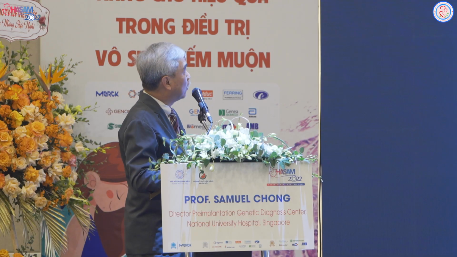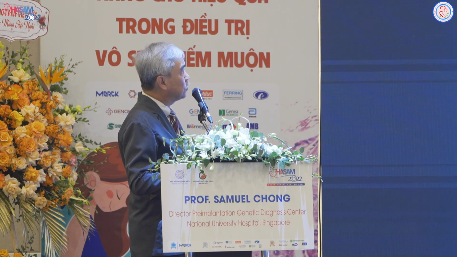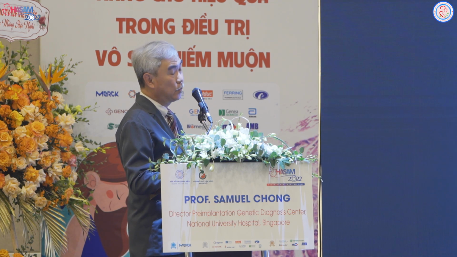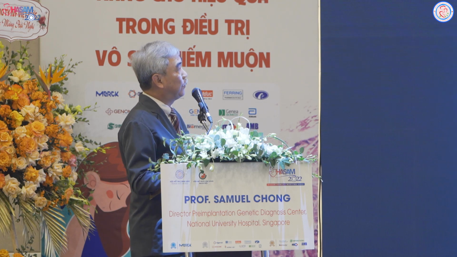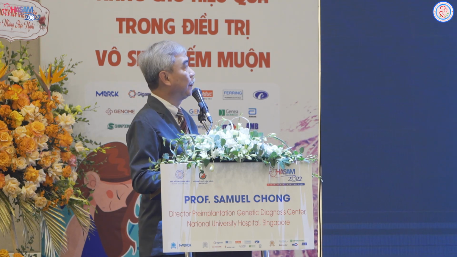Now, I just want to move on to show that actually, at the same time, another group published a method that distinguishes between normal and balanced carrier embryos by breakpoint junction short read sequencing and PCR. It's a mouthful, but basically they just use sequencing now to identify the breakpoints.